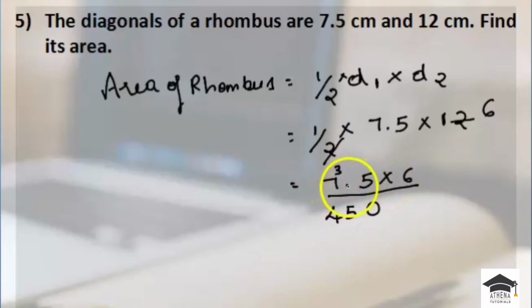Since there is only one decimal digit, we need to place the decimal after one digit here also. It will be 45 centimeter square. So, the area of the rhombus is 45 centimeter square. Let's go ahead with the next problem.